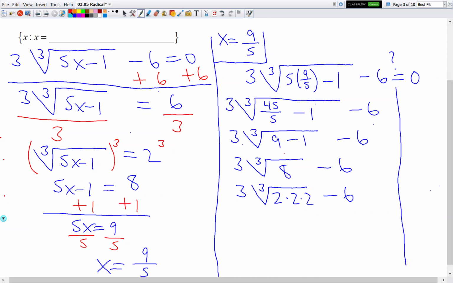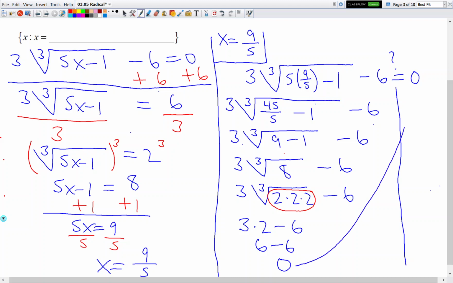So I get my red pen out, and I'm going to circle things that match, and I got 3 2s that match. Sorry, I said the wrong number. 3 2s that match. So the 2 is going to jump outside. It's going to join the 3 that's already out there. So you got 3 times 2 minus 6. Okay? So do your multiplication first. So that's going to make a 6 minus 6, and that's going to make a 0.